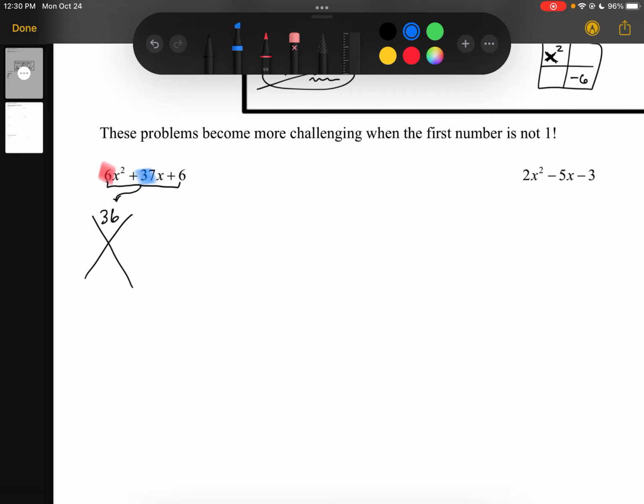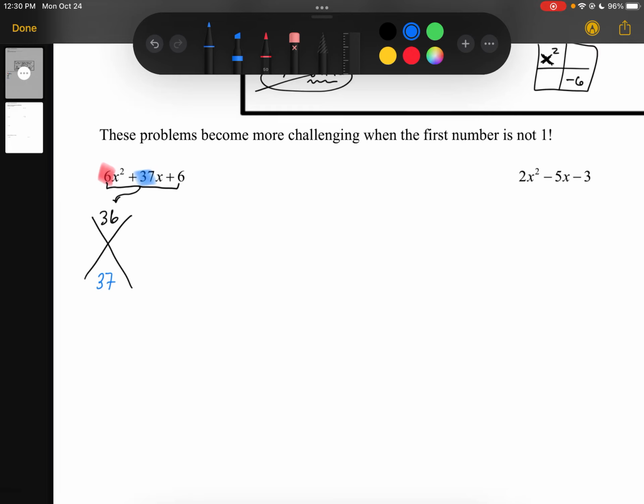The next thing we'll do is take our middle term, 37, and write it directly down on the bottom. Now we need two numbers that multiply to get 36 and also add up to 37.